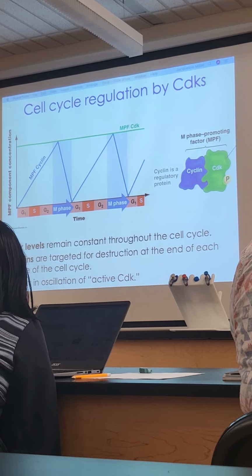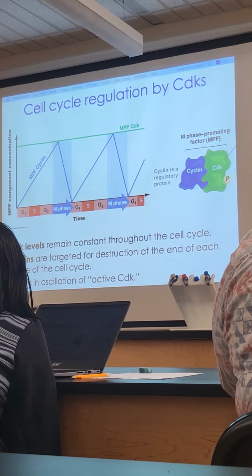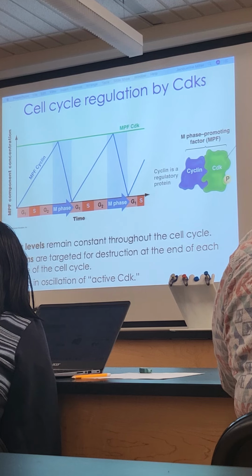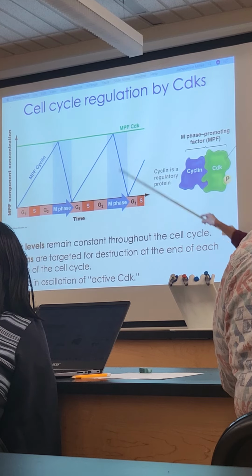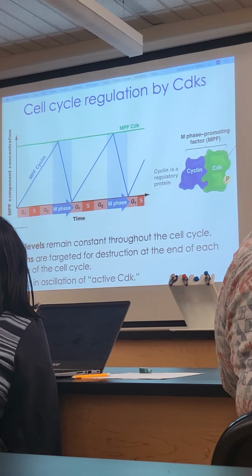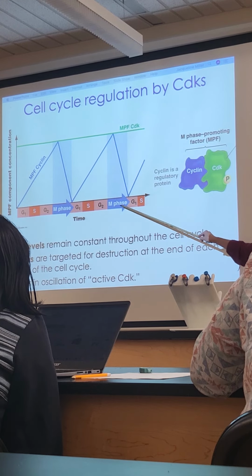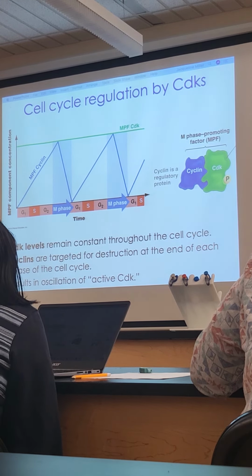So the cyclins will get ubiquitinated, and then they get degraded. So what that results in is basically a cycling clock, and the active CDK is only active during a certain phase. So does this make sense now, why if you added this component to a cell, it automatically would get it to go into M phase?